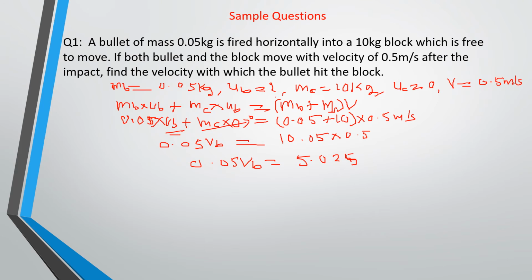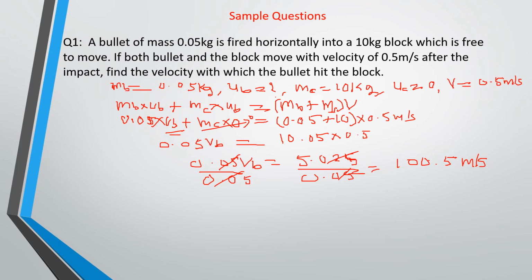So you can now make VB the subject of the formula, or divide both sides by 0.05. If you divide both sides by 0.05, this will cancel out, and this will now give us 100.5 meters per second.